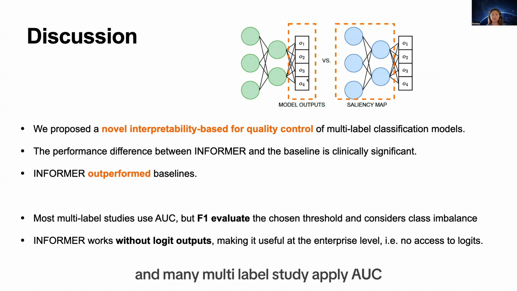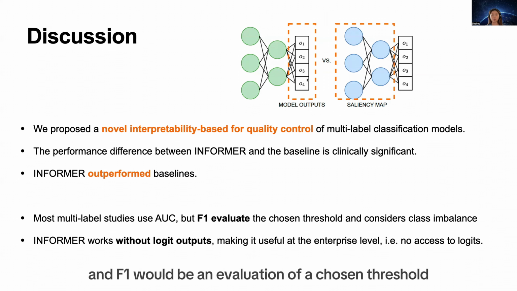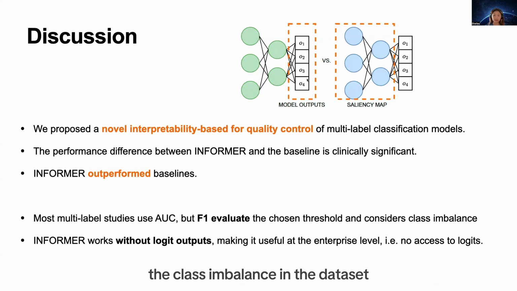Many multi-label studies apply AUC as an evaluation metric. However, it's a metric over thresholds, and it's not optimal when we want to give predictions with a chosen threshold. F1 is an evaluation at a chosen threshold and also considers the class imbalance in the dataset. Informer's quality control by evaluating the model uncertainty is also useful for enterprise models in which we do not have access to logit values.